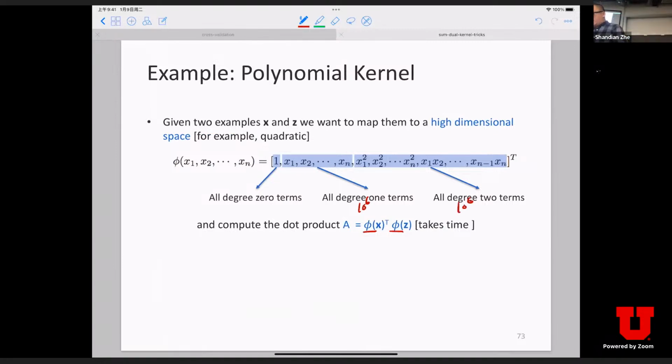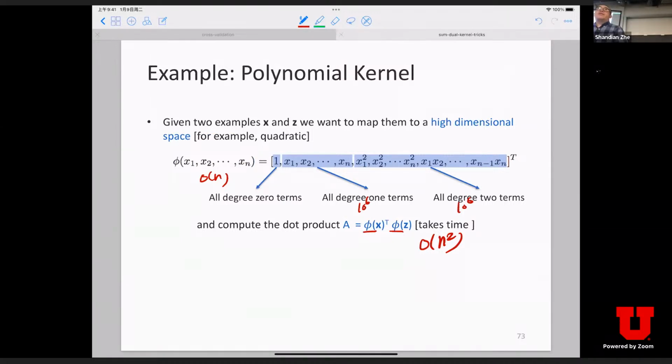So in general, suppose your original feature vector is length n, right? If you explicitly perform feature mapping and do dot product, then the computational complexity is O(n squared), right? So the complexity grows quadratically along with the length of the original feature vector. That's really costly. But this is just a very simple case, and actually quadratic feature mapping is a very cheap feature mapping.